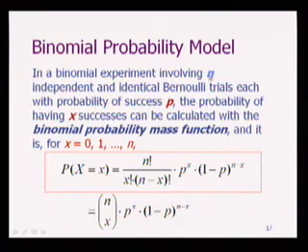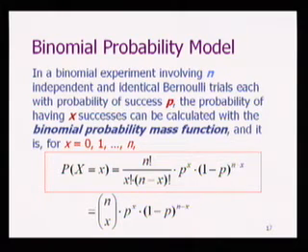In this formula, I have used some notation. Let's say in the binomial experiment involving n Bernoulli trials, n is the number of trials. If you talk about casting a die 5 times, this n will be 5. And each Bernoulli trial has probability of success p. This p is the probability of success in each Bernoulli trial.